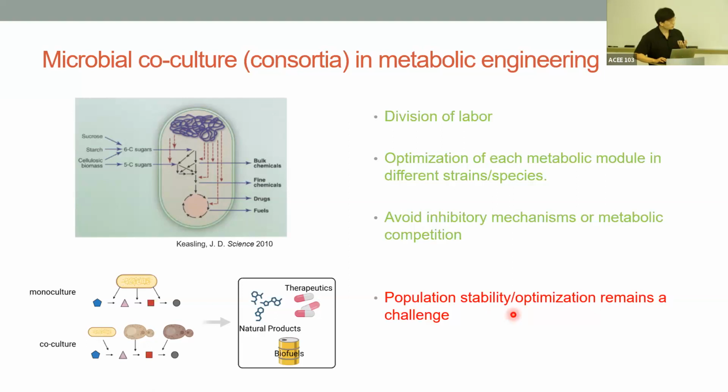Now, what's the problem with having microbial co-culture? It's that when you have microbial co-culture with different strains, one strain tends to take over the culture. It ends up outgrowing the entire process, meaning population stability is hard to achieve. Now, you can make different strains codependent on each other by sharing resources or for survival.